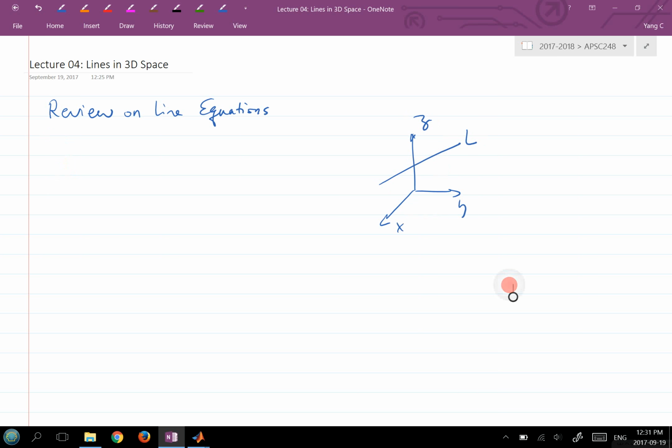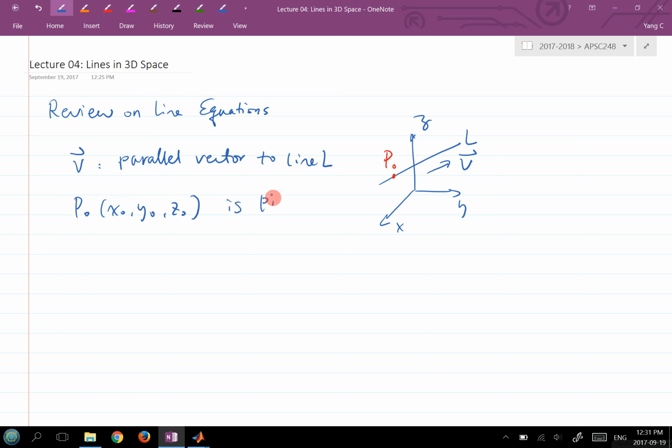So ultimately, what we find is, if we have a line which is parallel to a vector v, for example, we call this v the parallel vector to the line L. At the same time, if we also know that the line goes through a certain point, let's call it P naught, and suppose it has coordinates x naught, y naught, z naught, this is the point on the line.